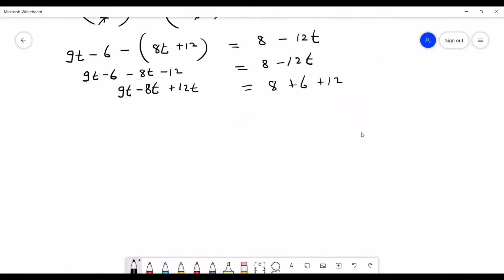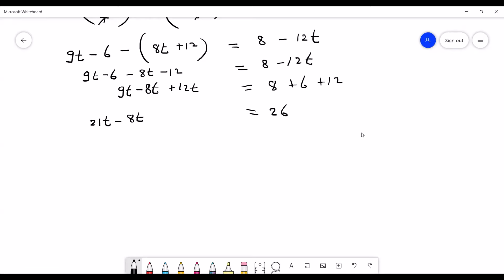So 9t plus 12t we have to add. So 9t plus 12t will be 21t, minus 8t, is equal to 8 plus 12, 20. 20 plus 6 is 26.